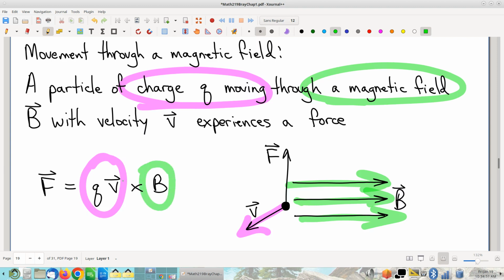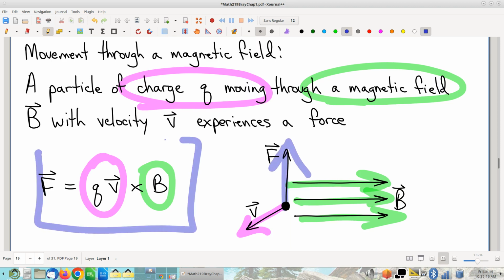So index finger in the direction of the movement of the charged particle, middle finger in the direction that the magnetic field is pointing, then your thumb, being the cross product, will point in the direction of the force that is being applied. So as this charged particle moves through, there will be a force in this direction applied to it.